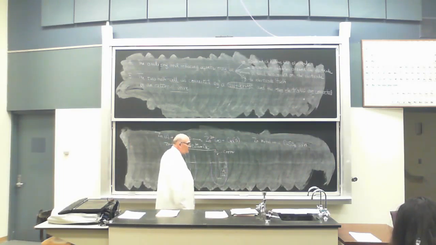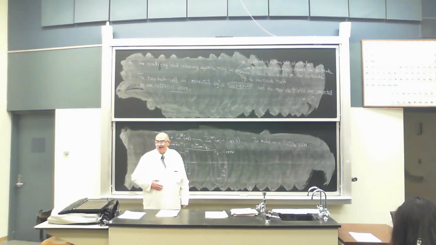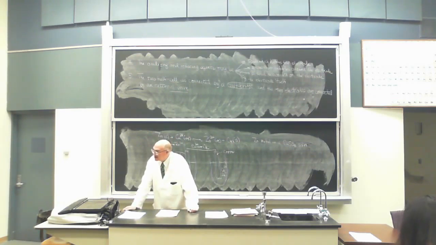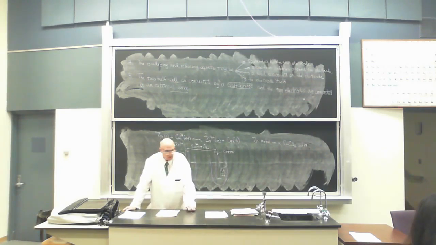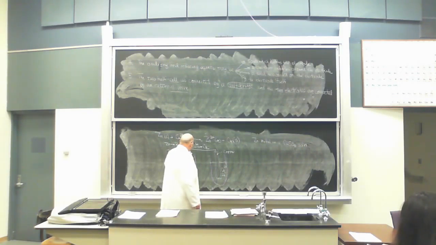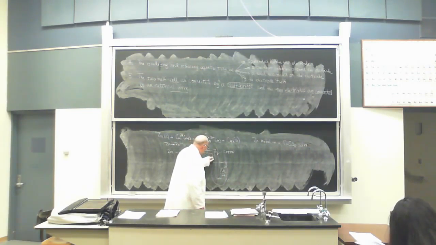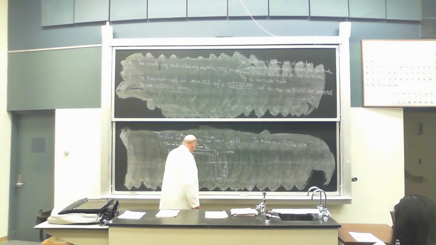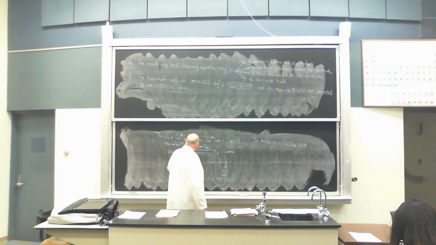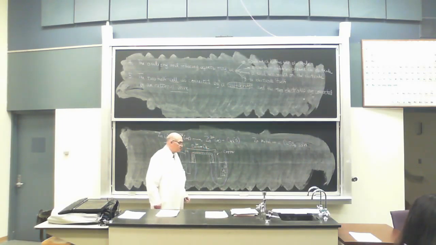To do that, we use what is called a salt bridge. And you can think of it as an inverted U-tube. And so we've got a tube here, an inverted U-tube. And in this tube, we've got a gel-like substance.